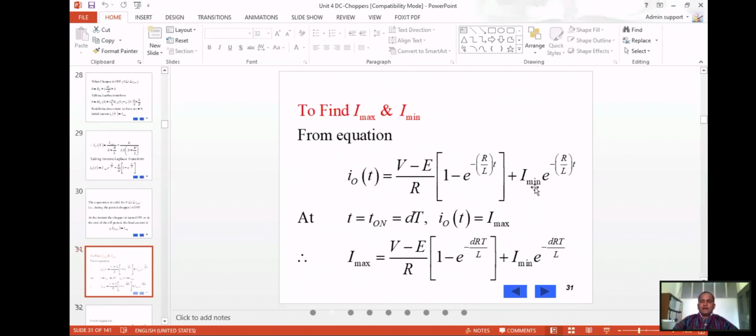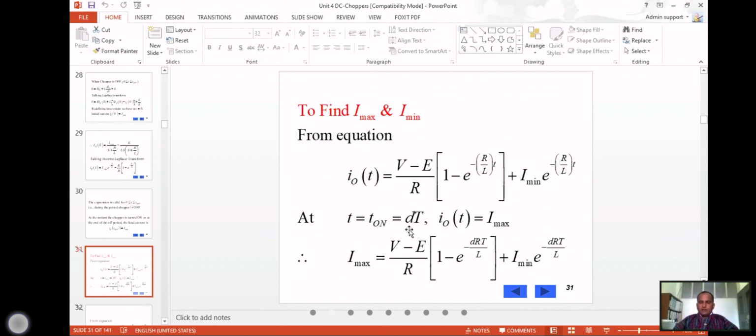When the current is I minimum, it means the chopper is in the on condition. So when t is equal to t on, the duty cycle gives t equal to dT. So in place of t, you have to replace it with dT.